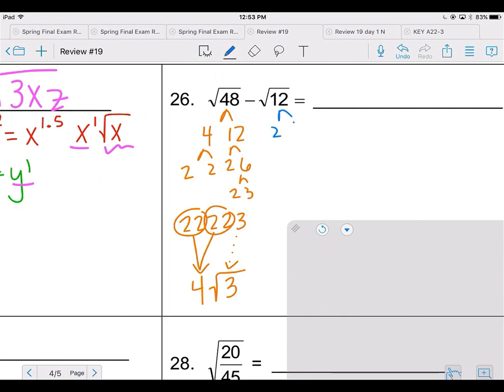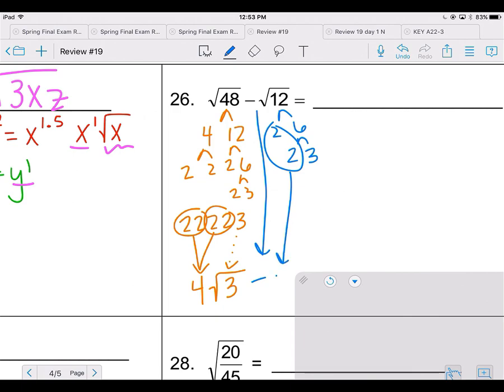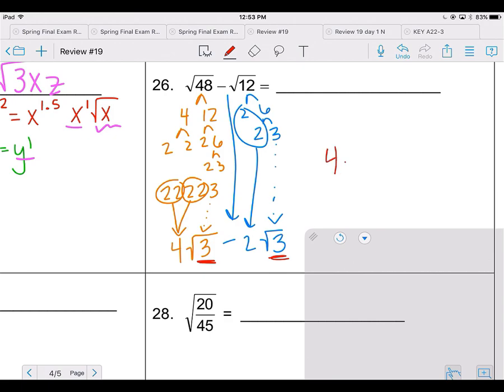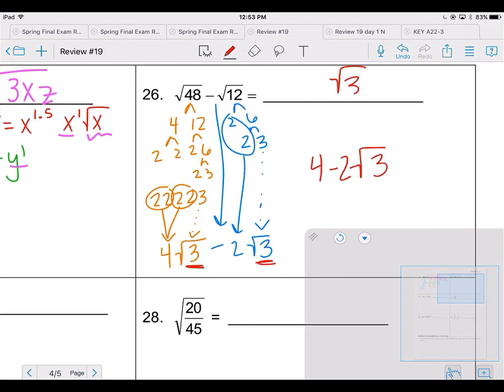12 simplifies into 2 and 6, 2 and 3. So bring down the negative, take out a 2, leave in a 3. These both have the exact same square root, so 4 minus 2 are my numbers in front, and that will tell me my total square roots of 3. 4 minus 2 is 2.